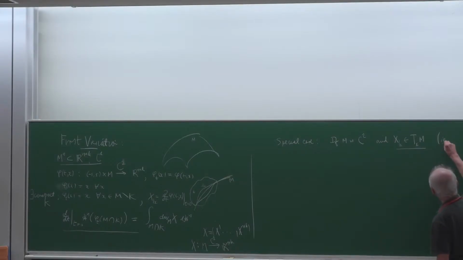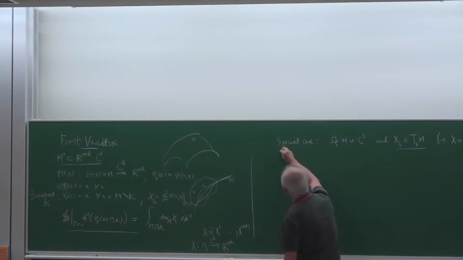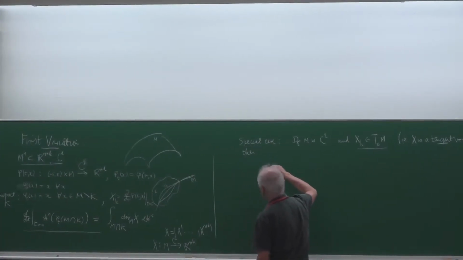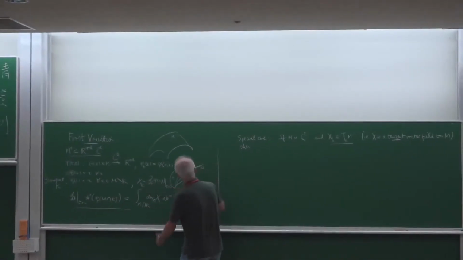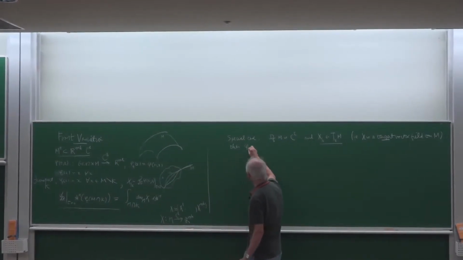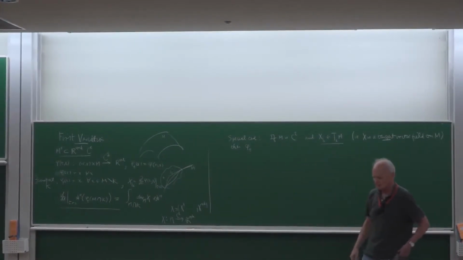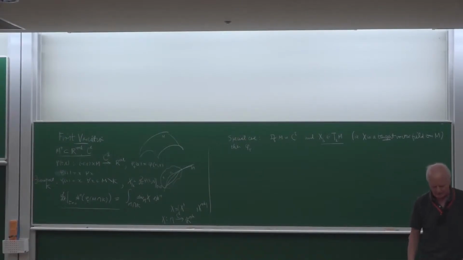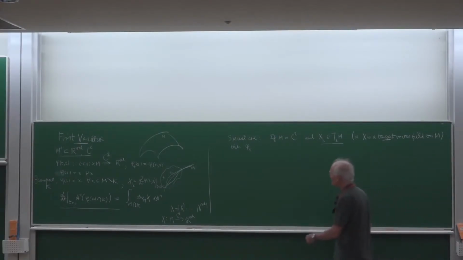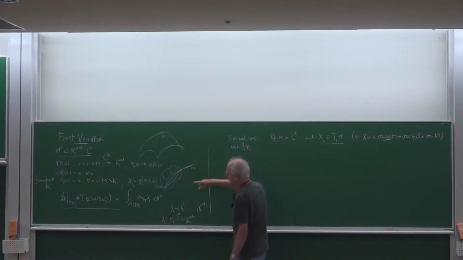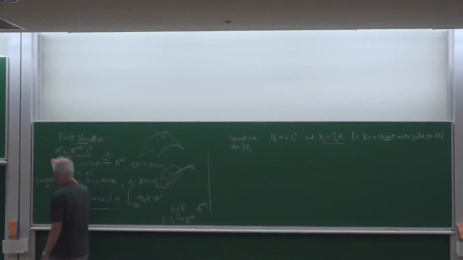All right, so now the special case when M is C^2 and X is actually a tangent vector field on M, so in other words, X(x) is actually in the tangent space. Then we found that you can cook up a phi_t. I didn't do this, but I pointed out that you can see the argument for this in the text. It's just an ODE argument, a standard fact. There exists a phi_t as in star, satisfying all these things.